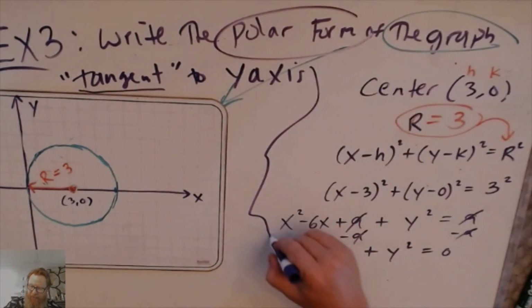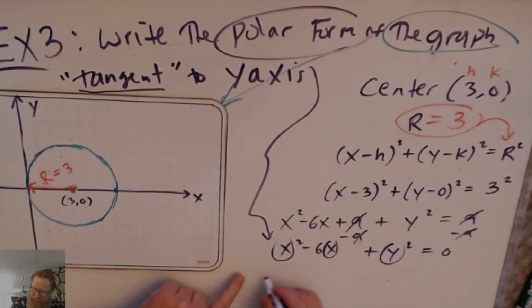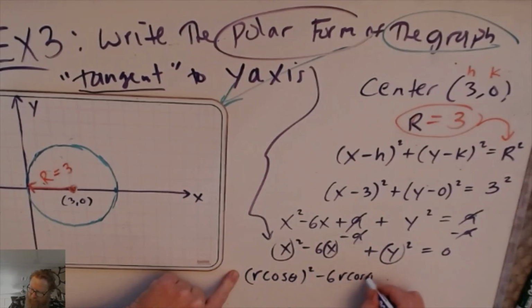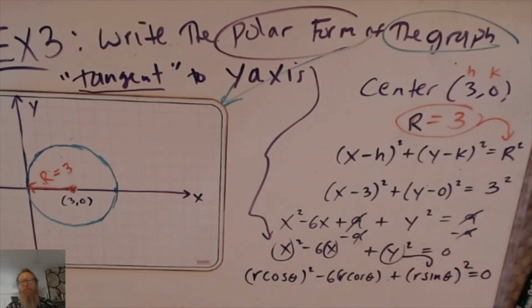So I need to get rid of my x's and my y's and write them as r cosine theta and r sine theta. All of my x's become r cosine thetas, and all of my y's become r sine thetas.